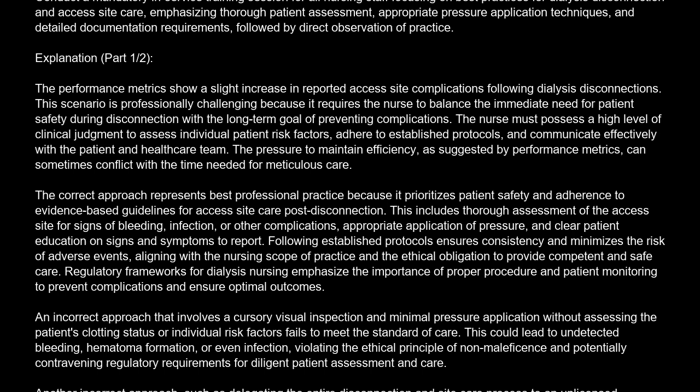Following established protocols ensures consistency and minimizes the risk of adverse events, aligning with the nursing scope of practice and the ethical obligation to provide competent and safe care. Regulatory frameworks for dialysis nursing emphasize the importance of proper procedure and patient monitoring to prevent complications and ensure optimal outcomes. An incorrect approach that involves a cursory visual inspection and minimal pressure application without assessing the patient's clotting status or individual risk factors fails to meet the standard of care.